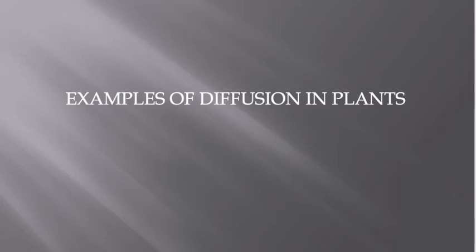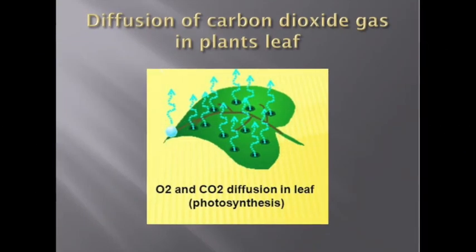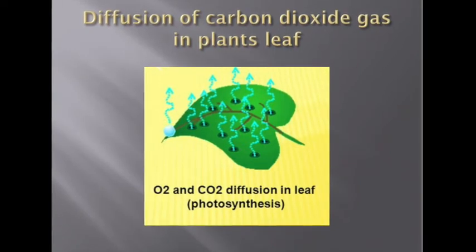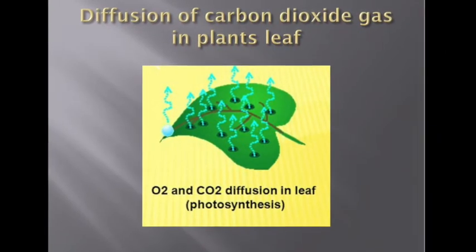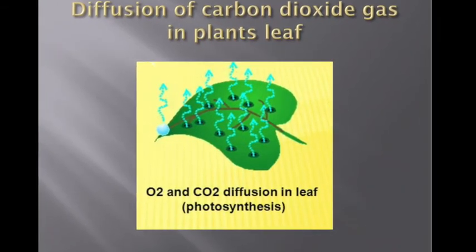So let us look at them. The first example of diffusion in plants is the diffusion of carbon dioxide gas in the plant leaf.